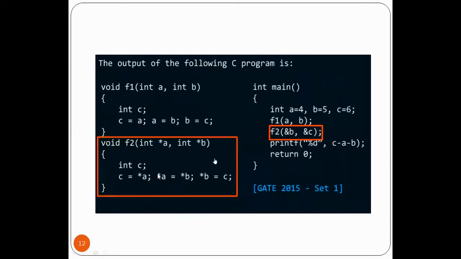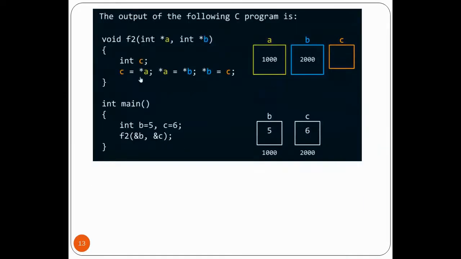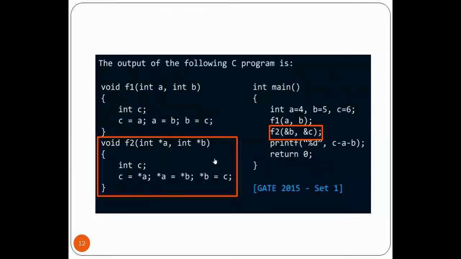Okay, coming towards the next function. In the next function, we are passing addresses, address of b and address of c. So let us see the next. Okay, this is the next function, f2. Now, what we have in a, as we have passed address of b and address of c.